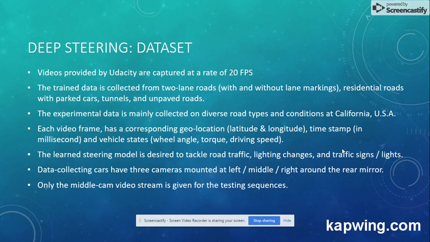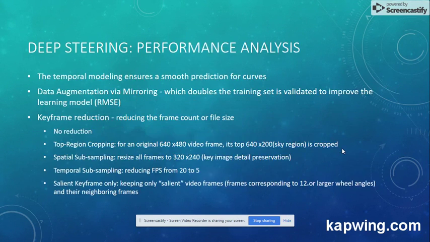This data is mostly collected from road types and conditions in California, and each video frame has a corresponding geolocation along with a timestamp and vehicle states as well. The learned steering model here is desired to tackle road traffic, lighting change, and traffic signal lights. Data collecting cars have 3 camera mounts at left, middle, and right around the rear mirror, and only the middle camera video stream is given to the testing sequence.